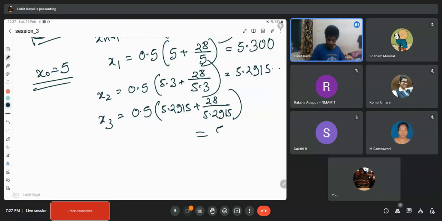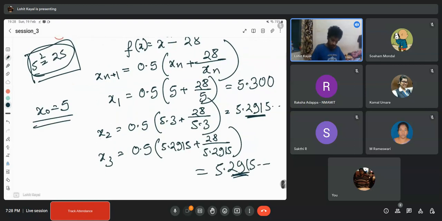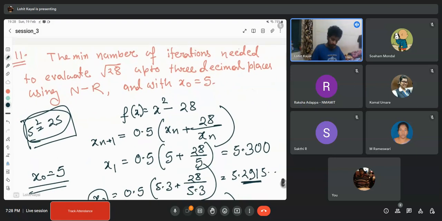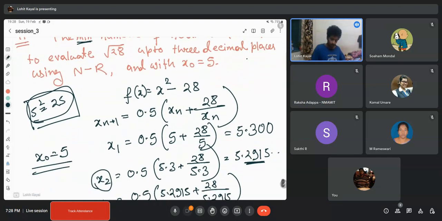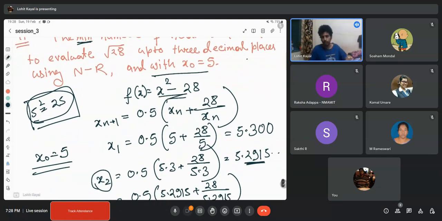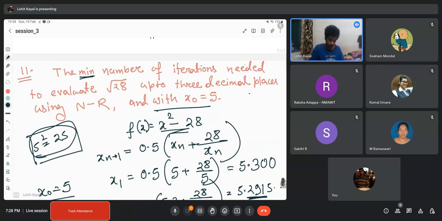So it is again 5.2915 dot something. So here the first three digits are satisfied, so we can stop at the second iteration. So the minimum number of iterations required will be equal to 2. So we need a minimum of 2 iterations to find the value of square root of 28.